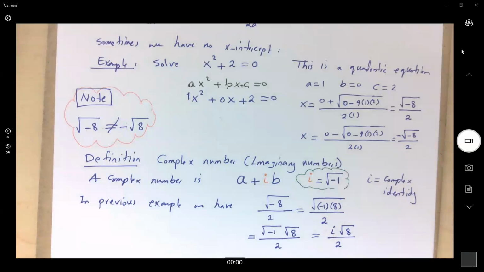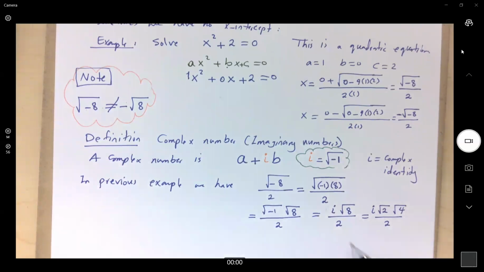So far I got I times square root of 8 divided by 2. What's the simplification of 8? 8 is 2 times 4, am I right? So you can write it as I times square root of 2 times square root of 4 divided by 2. Square root of 4 is just 2. So what's left? We have I times square root of 2 times 2 divided by 2, or square root of 2 times I. Our x is a complex or imaginary number.